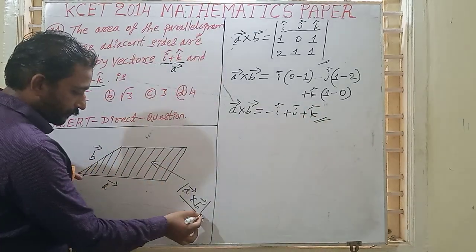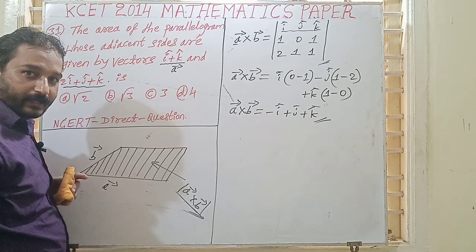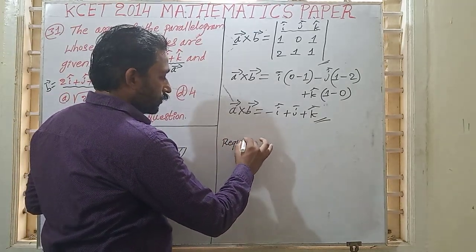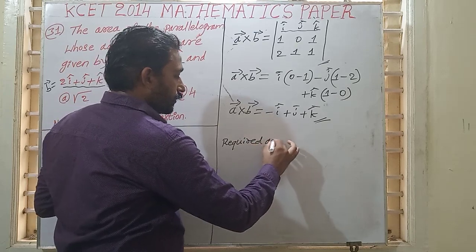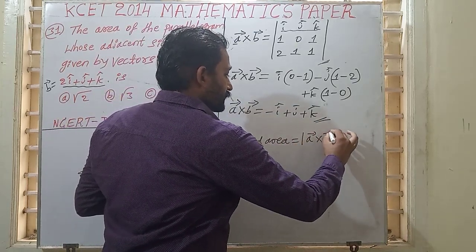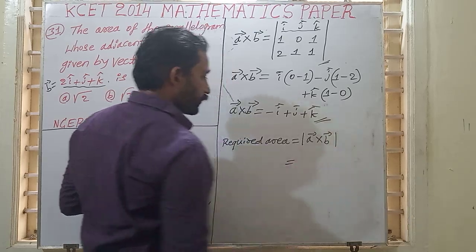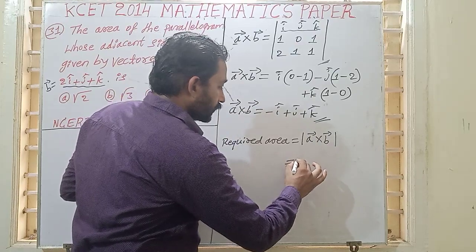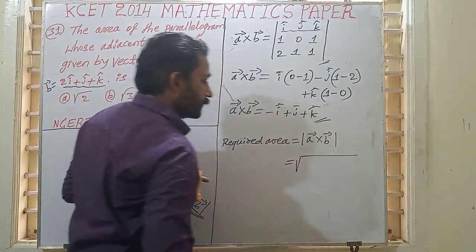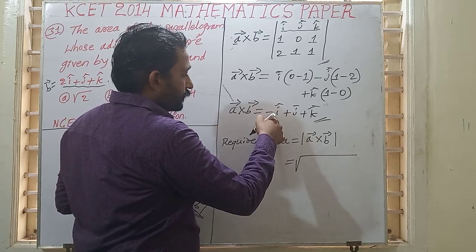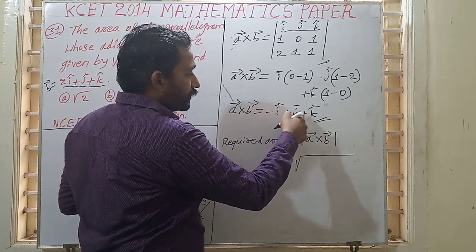So we have to find the magnitude of A cross B, and we get the required area. So required area is equal to the magnitude of A cross B. Magnitude means what? Square root of the sum of the squares of the scalar components of A cross B. So scalar components are first minus 1, second plus 1, third plus 1.